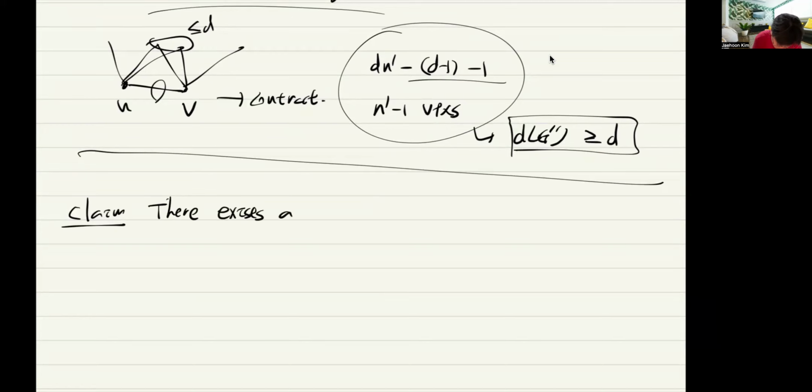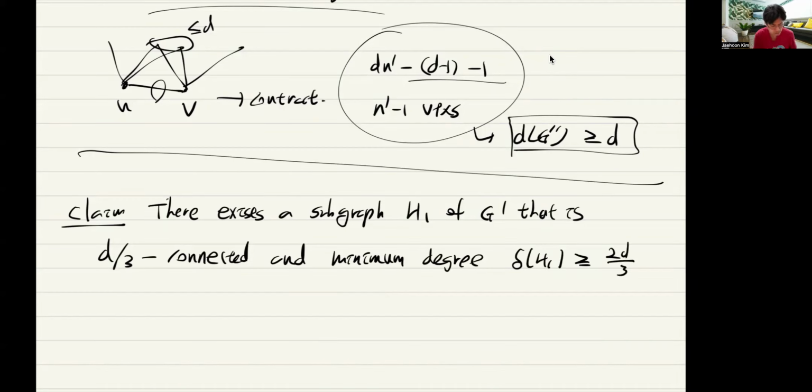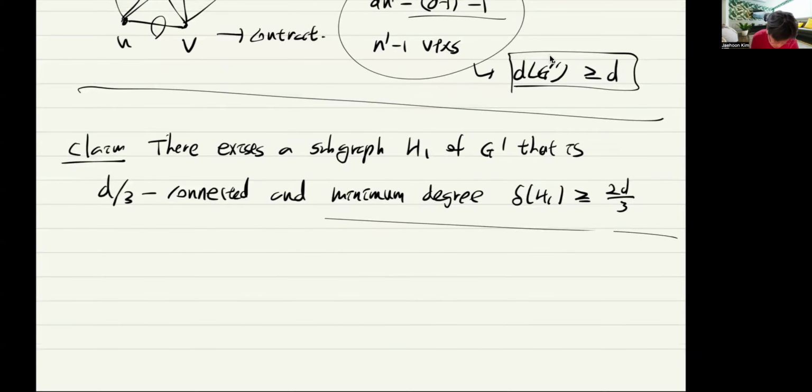So there exists a subgraph H1 of G prime that is t over 3 connected and has minimum degree at least 2D over 3. Okay, so we claim this.